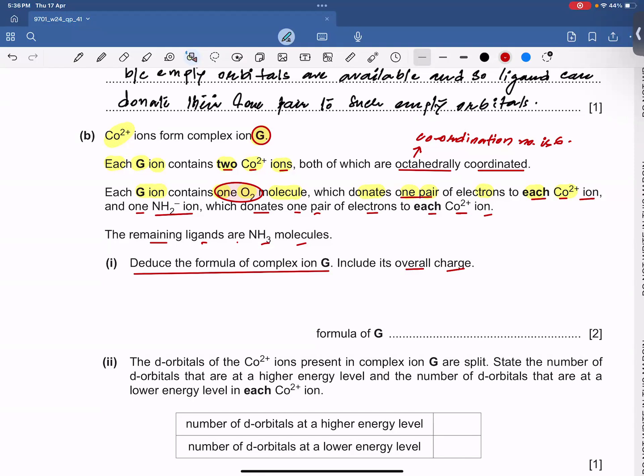First of all, the coordination number of cobalt(II) ions would be 6. Okay. This is a cobalt(II) ion. Let me remove this line.